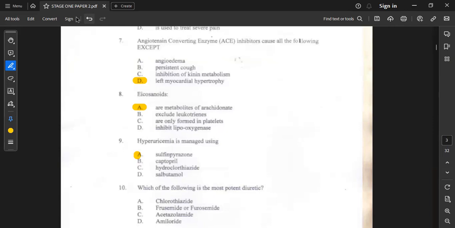Should we remind ourselves of the common side effects? For probenecid, the common one would be hepatotoxicity.